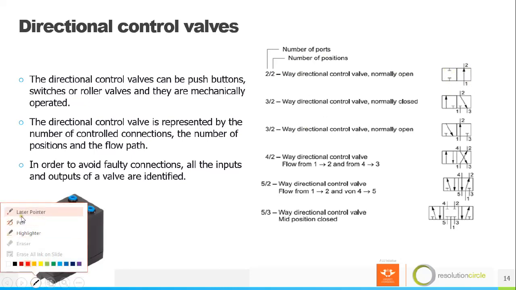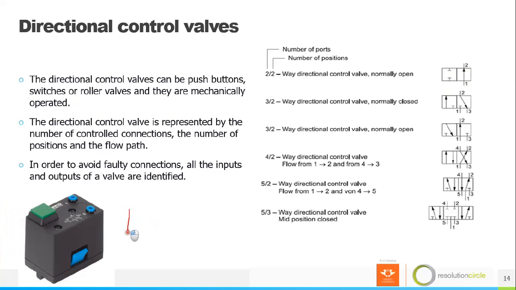Let me draw it. So let's say this will be position 1 and this will be position 2. Then let's say I will have port 1, and this will be my port 2, this will be my port 1, this will be my port 3.